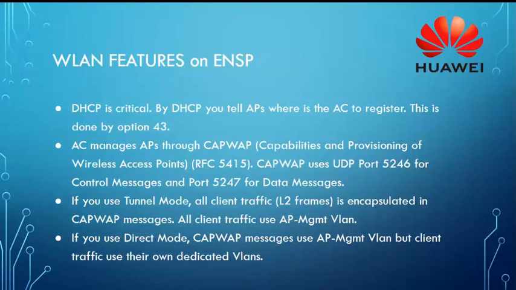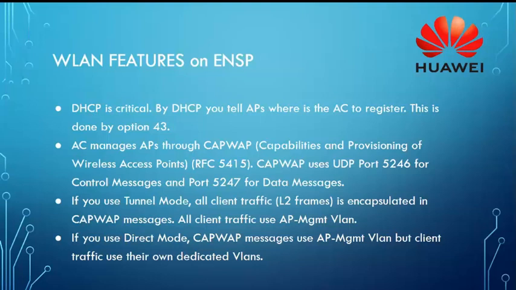So from the point of view of the switched network, there is just one VLAN, the VLAN for the AP management, because inside that VLAN is all the traffic from the clients. They are channeled. So this is the name, channel mode.